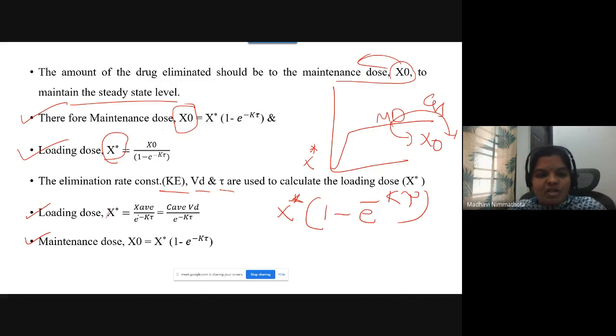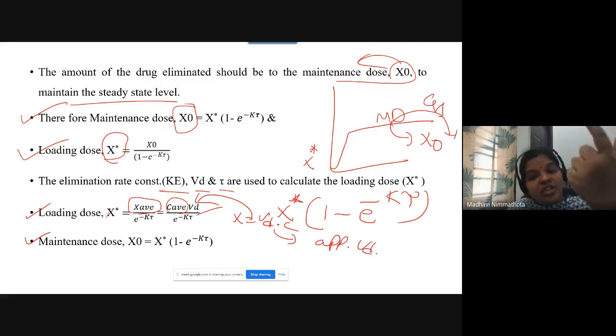X naught is equal to X average divided by e to the power of minus k tau. X average is nothing but C average into Vd. Why? Because we have the equation X is equal to Vd into C. So instead of writing XAV here, we have written CAV into Vd, because X is equal to Vd into C is the apparent volume of distribution equation.